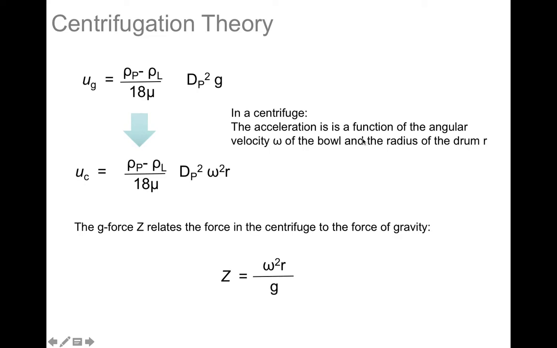In a centrifuge, the acceleration is a function of the angular velocity omega of the bowl and the radius of the drum. So we replace this g with omega squared r. Or you can have the g force z relating the angular velocity to the gravitational acceleration.